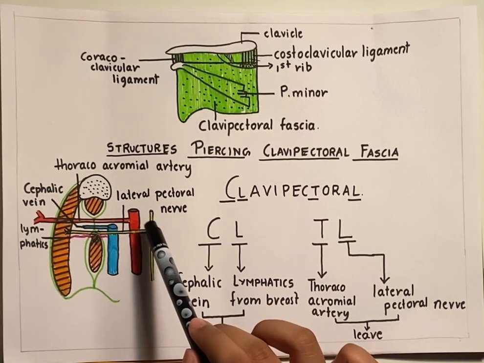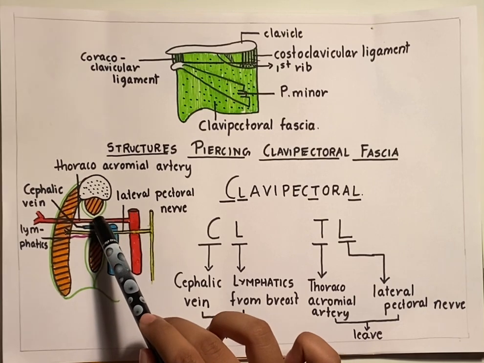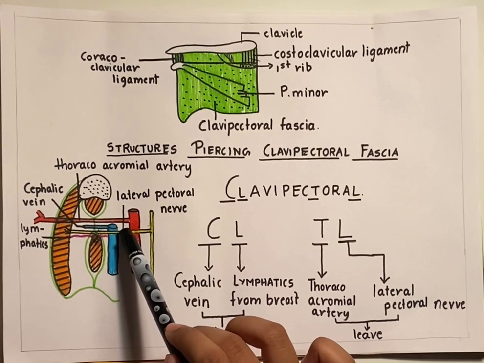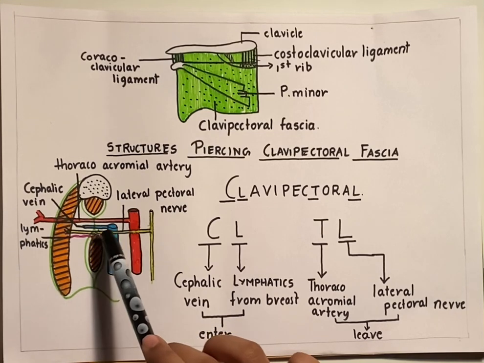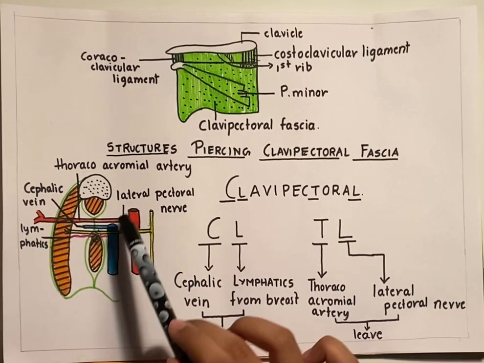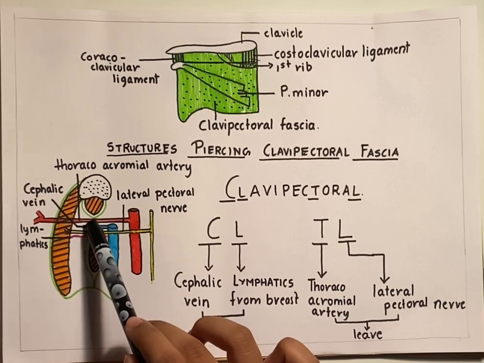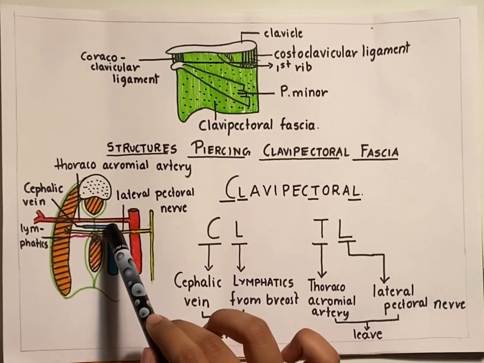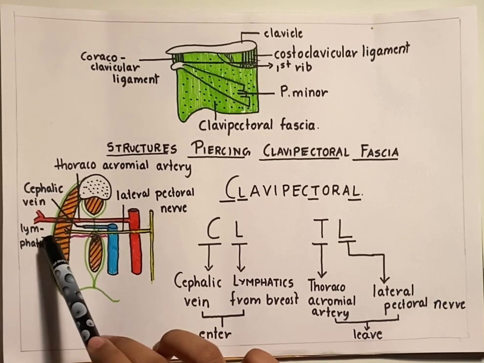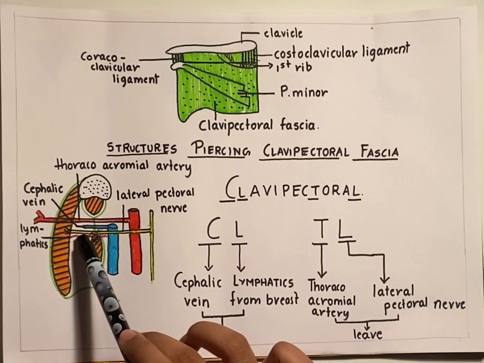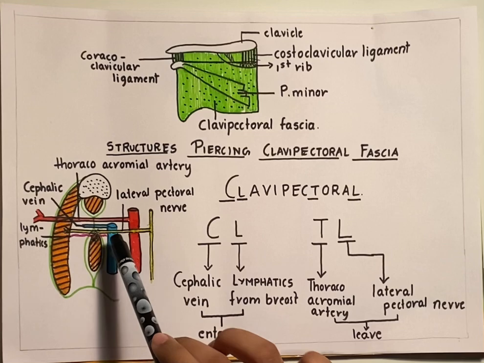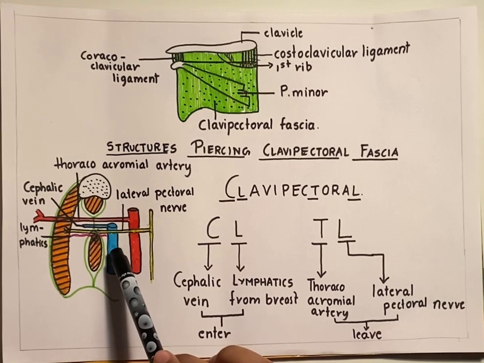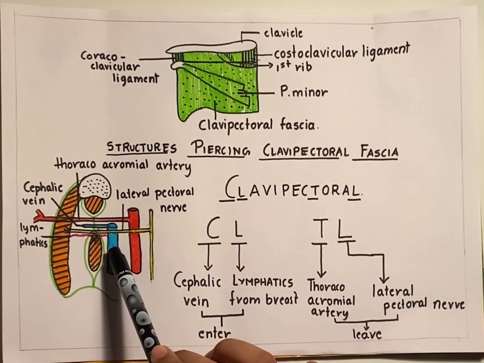Both of these structures leave the clavipectoral fascia, or rather pass outwards. Then we have our cephalic vein, which drains into the axillary vein, and also the lymphatics from the breast, which drain into the apical group of lymph nodes. Both of these structures enter the clavipectoral fascia, or rather pass inwards.